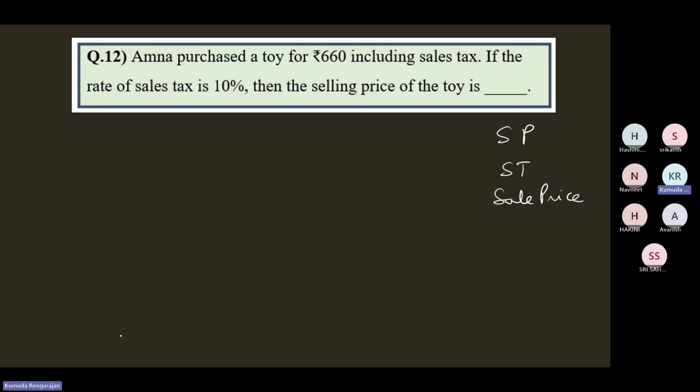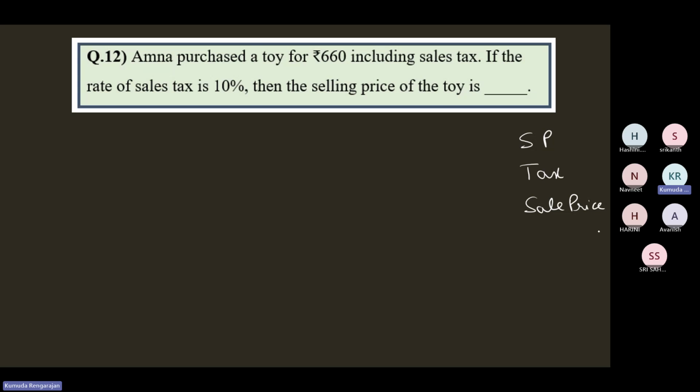You might have done it correctly, but just listen to me now. Selling price, tax, sale price. Selling price means the price without tax. Sale price is the price with tax. The sale price is 660 because that includes tax.